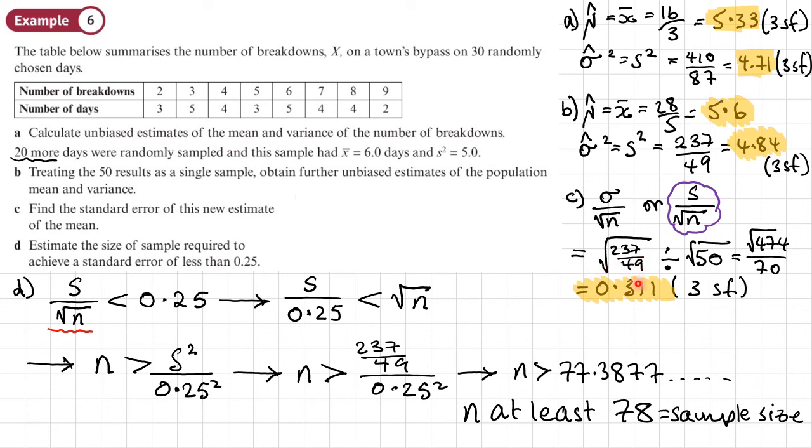And the last thing, just out of interest, is that in part A, if you were to work out the standard error, you would get this value here, about 0.400 to three significant figures, 0.396, and when it's 50, 0.311. So you can see as you increase the sample size, this standard error decreases.